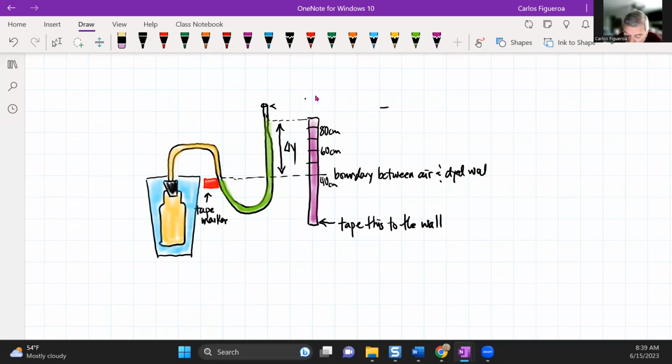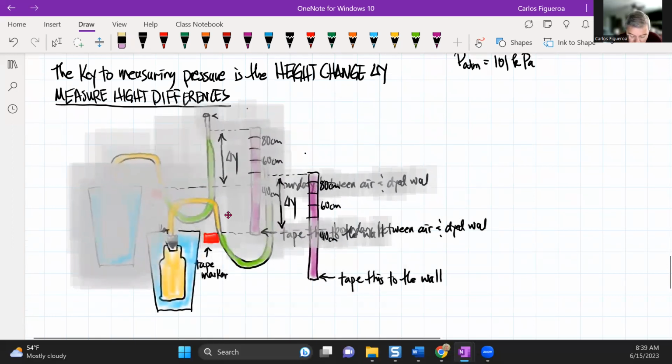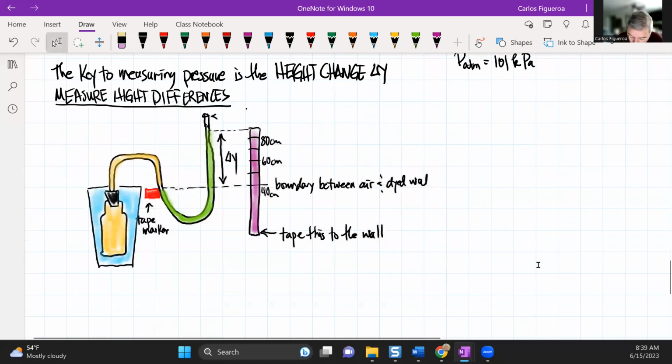Okay, so here's the first thing that you want to do. When you look at the setup, here's what we're seeing. One, everything is measured relative to that red tape marker.